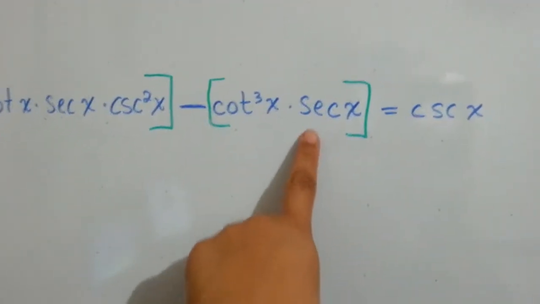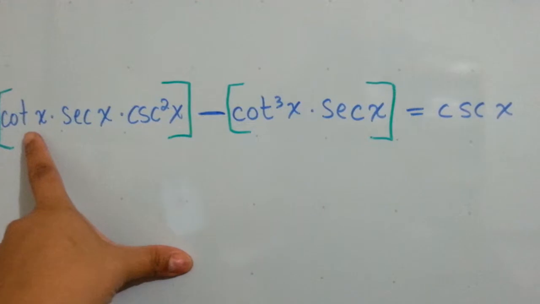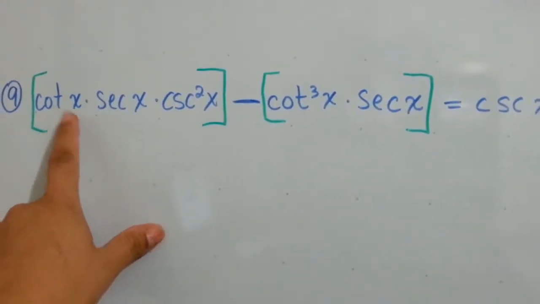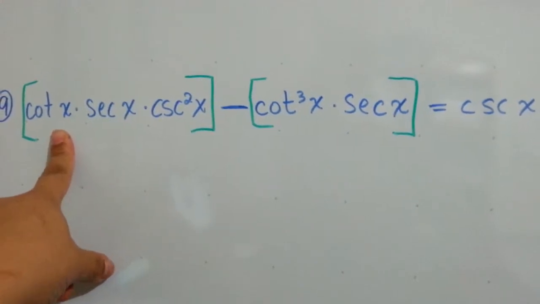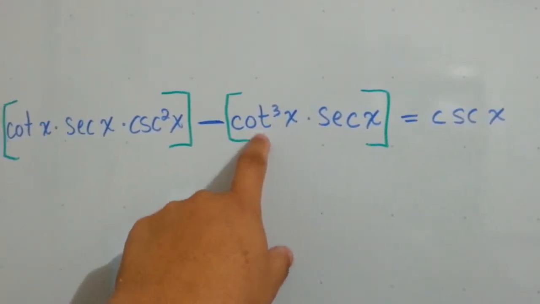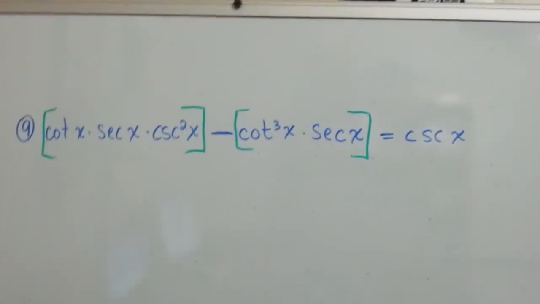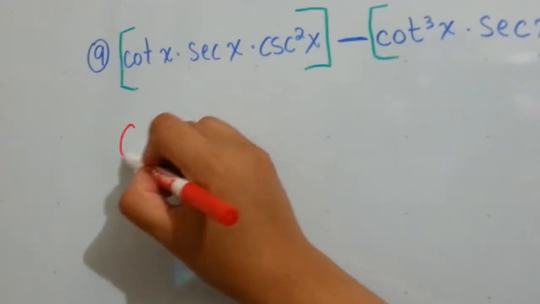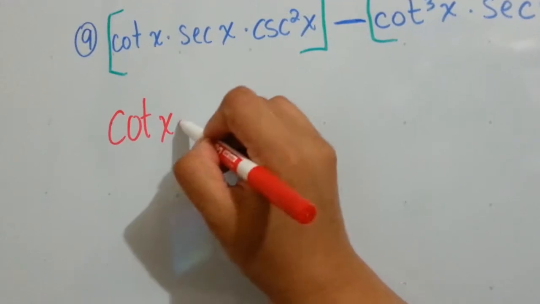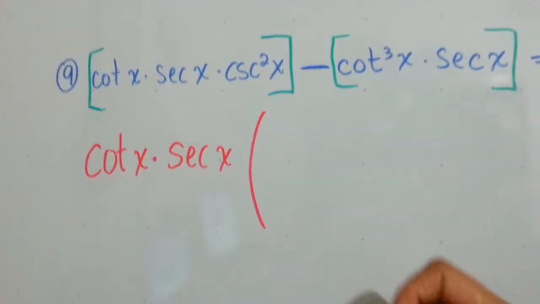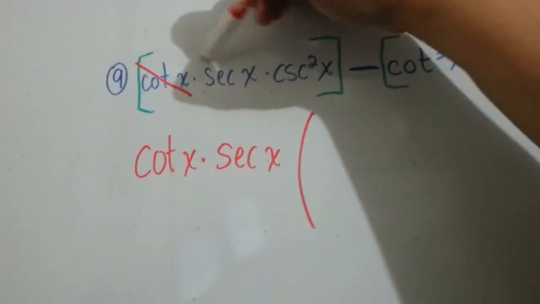We have the secant in common, and we have at least one cotangent in common. We can take out a cotangent and leave behind 2 cotangents over here. So let's go ahead and do this. We're going to take out 1 cotangent x and 1 secant x, so this will be gone and that'll be gone.